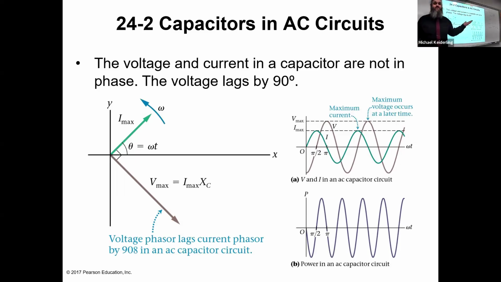The voltage lags by 90 degrees. So if you draw it with a phasor, you draw the current, and the voltage will be at a 90-degree angle behind the current. So you will have maximum current, and the maximum voltage will happen later.